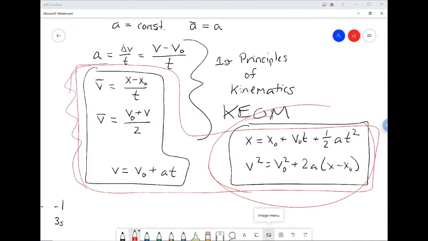They are just algebraic manipulations, combinations and simplifications of these three equations over here. So these guys are not unique. These guys are the foundation of these guys. Okay, but sometimes these are useful, so it's worth deriving.